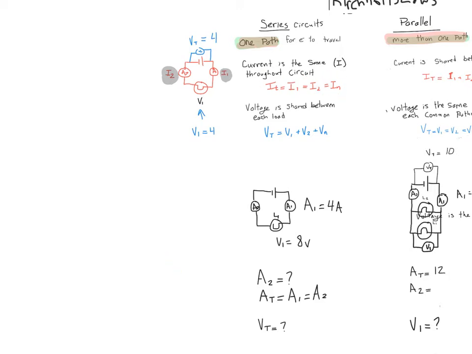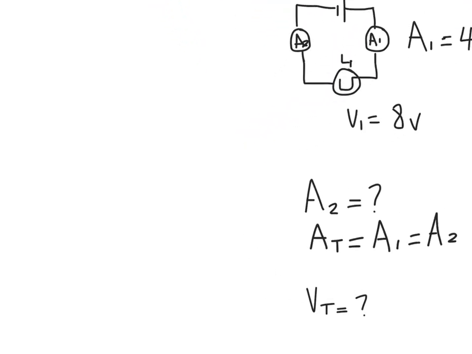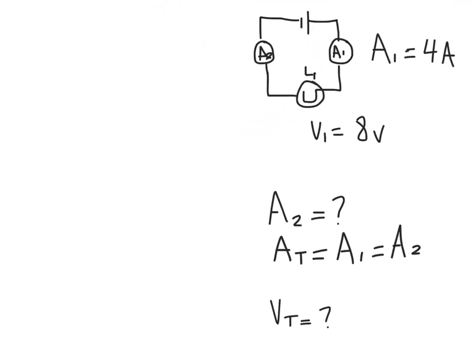Sorry, I should have used I, not A. A is the unit. I is the symbol. See, I make the same mistake. So I1, I2. And because we know I1 is 4A, that means that I2 is also 4A.